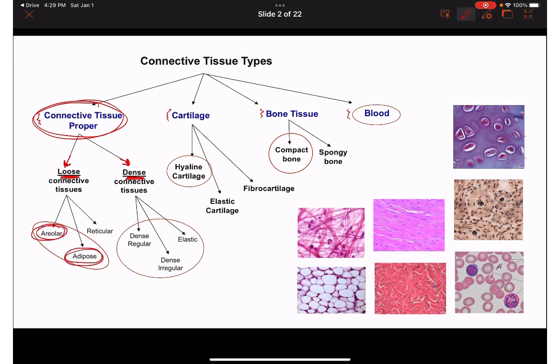Those are 2 loose connective tissues we're going to look at in class. And this tissue right there is areolar tissue. And this tissue down below is adipose tissue. That's areolar tissue. And down below, that's adipose tissue.